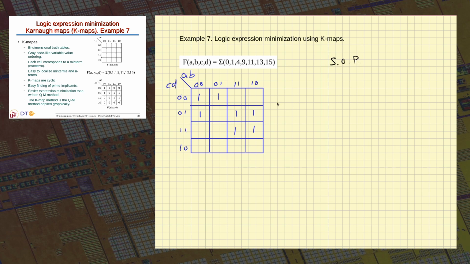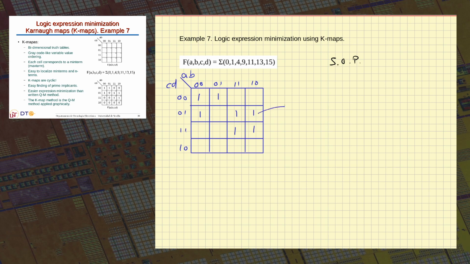So I will not write the zeros just to make the map more clear, but we may have them there. So now every place in the map is a minterm. This is minterm 0, this is minterm 1, and it's easy to convert the minterm to the expression.